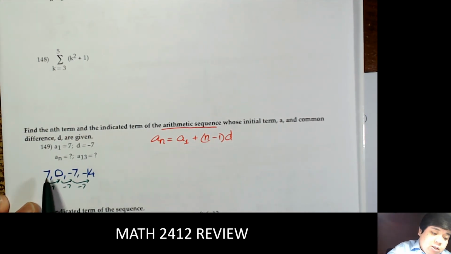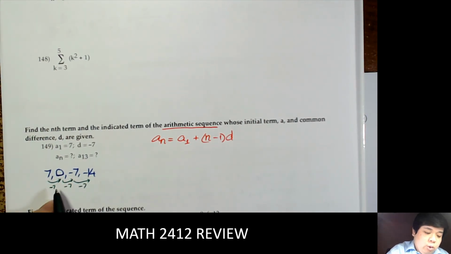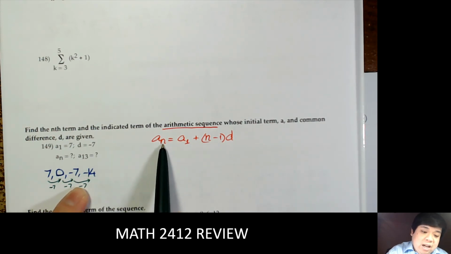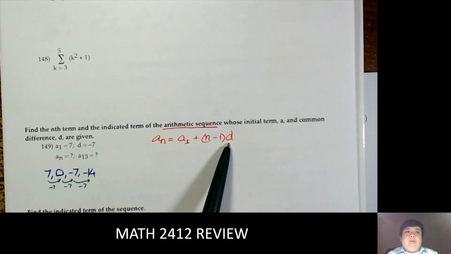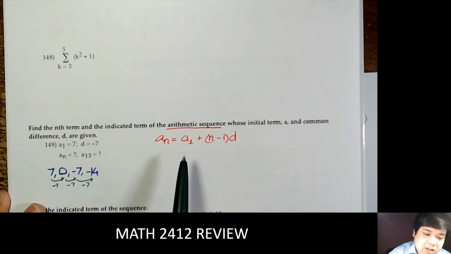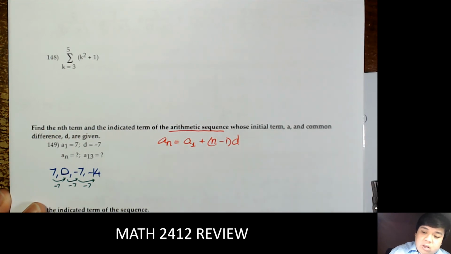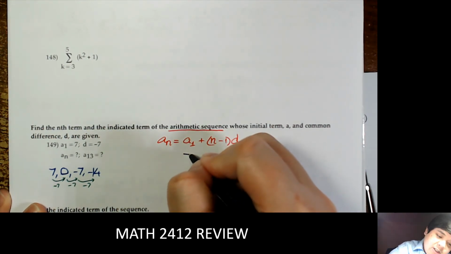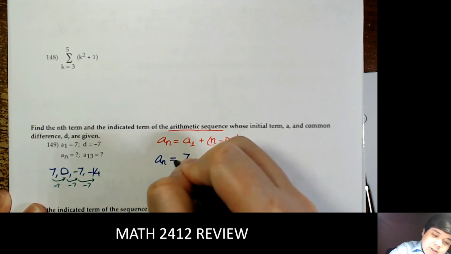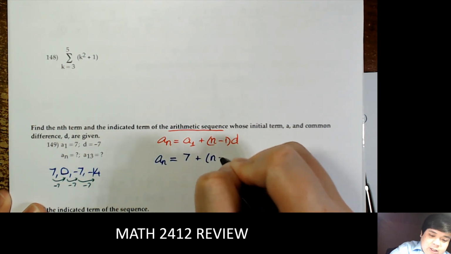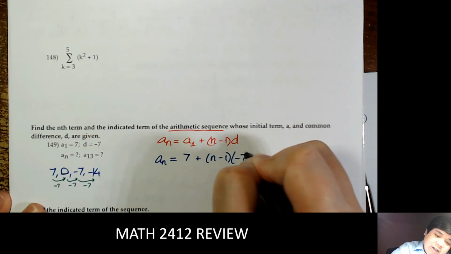Right. So again, to get to the fourth term, we're going to have 1, 2, 3 steps. So to get to the n-th term, we have n minus 1 steps. So always 1 step less to go from the first to the n-th term. So we start with 7. And d is negative 7.